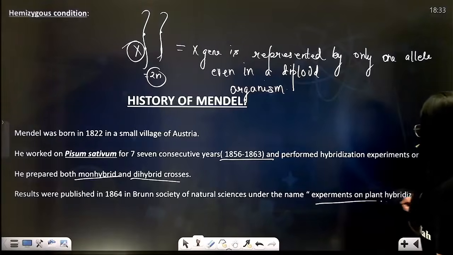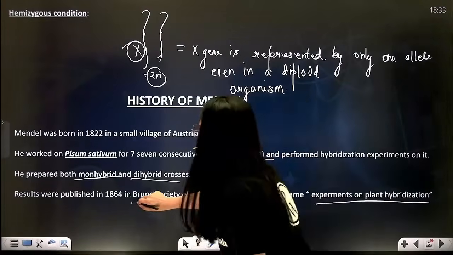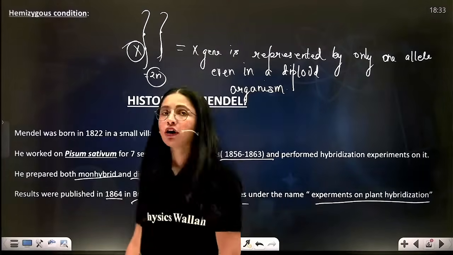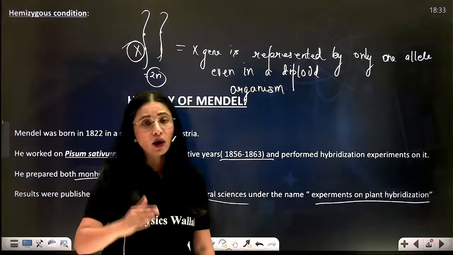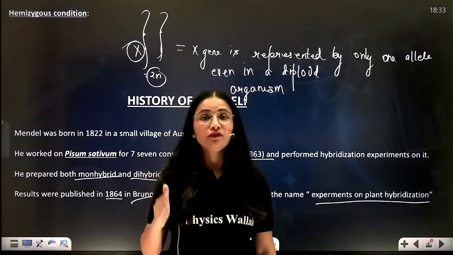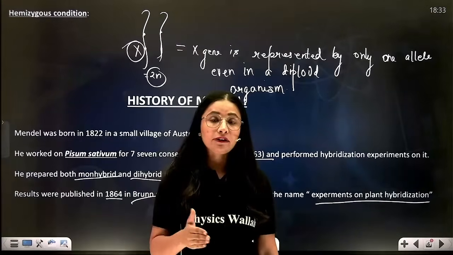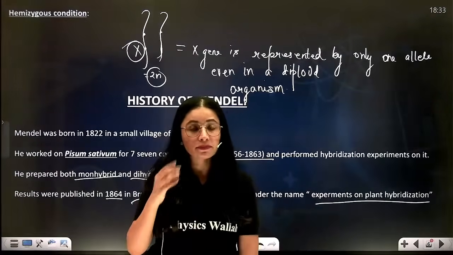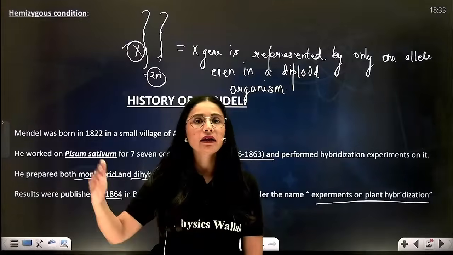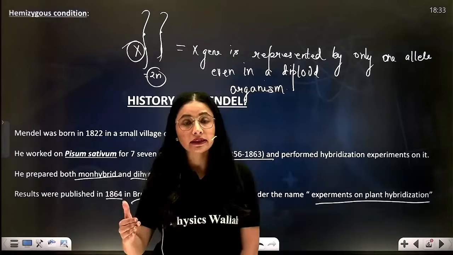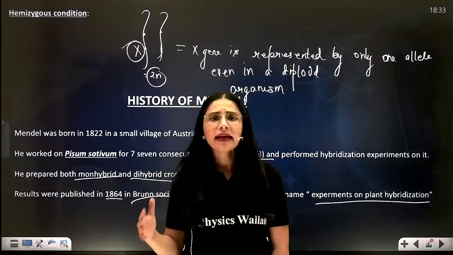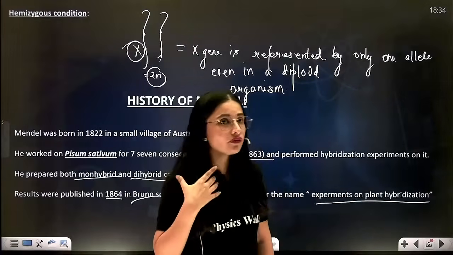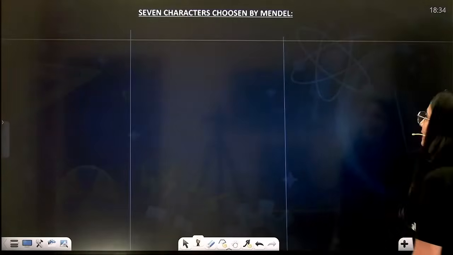So he was born in the year 1822. He worked for 7 years from 1856 to 1863. He did hybridization experiments on pea plant and then finally published his work in the year 1864. And then see what were the works done by Mendel.